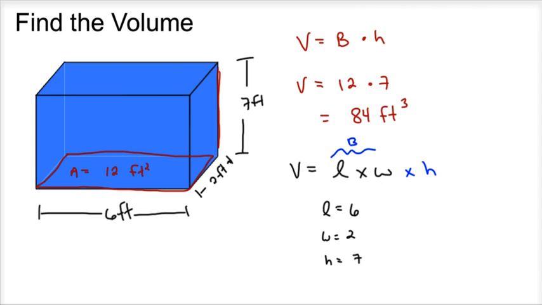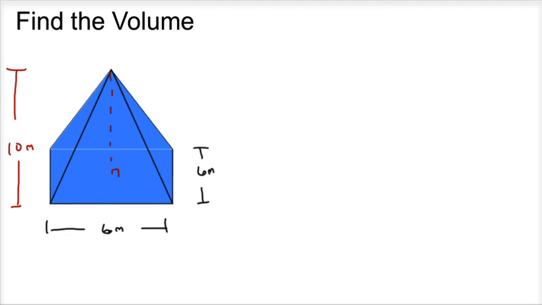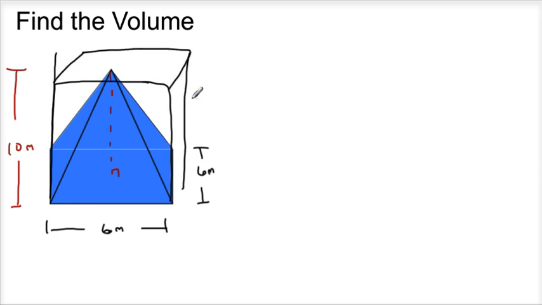Two of these solids have a special relationship. The rectangular prism has a special relationship with the rectangular pyramid, or square pyramid in this case. If you had a rectangular prism that was exactly this height, something like that, there is a relationship here.